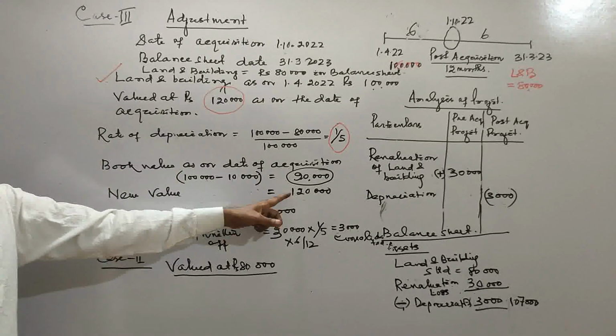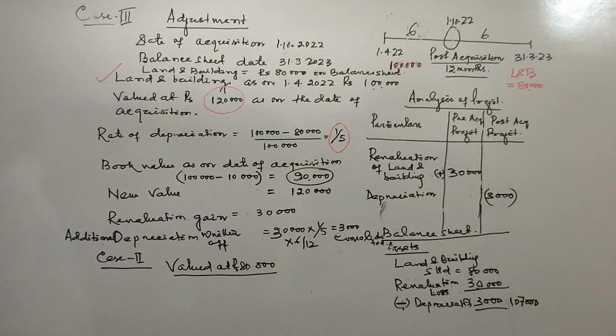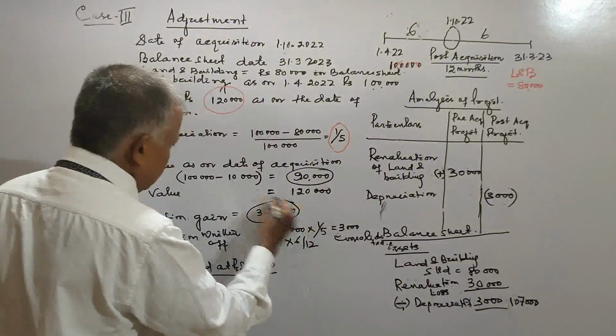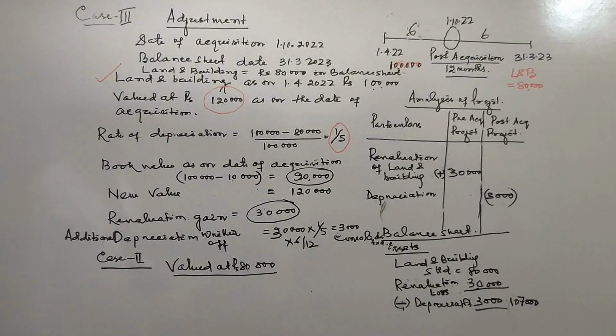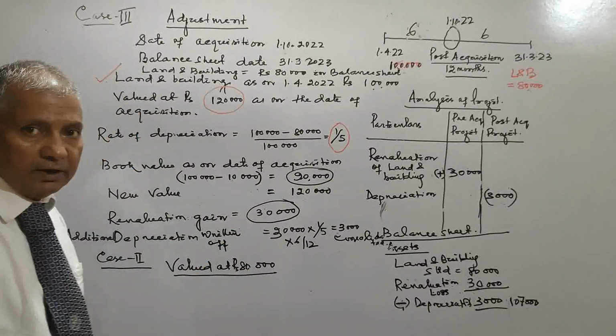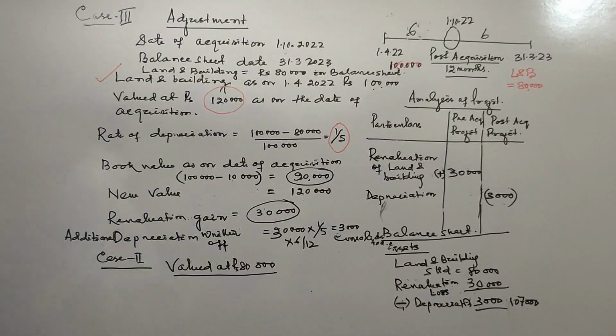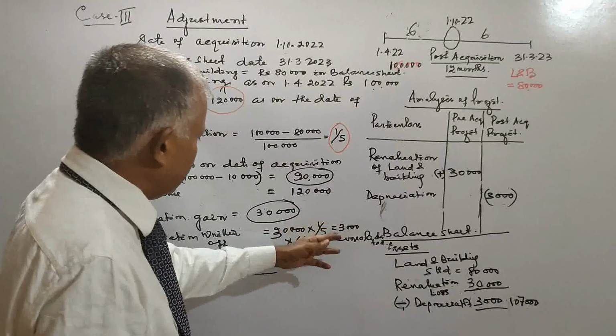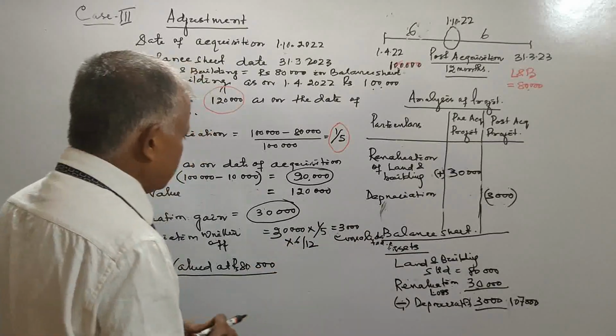1,20,000. So 1,20,000 minus 90,000, there is an increase in value by 30,000, which is the revaluation gain, and if there is a revaluation gain, additional depreciation to be written off, extra depreciation you have to provide, that is 30,000 1/5 into 6/12.